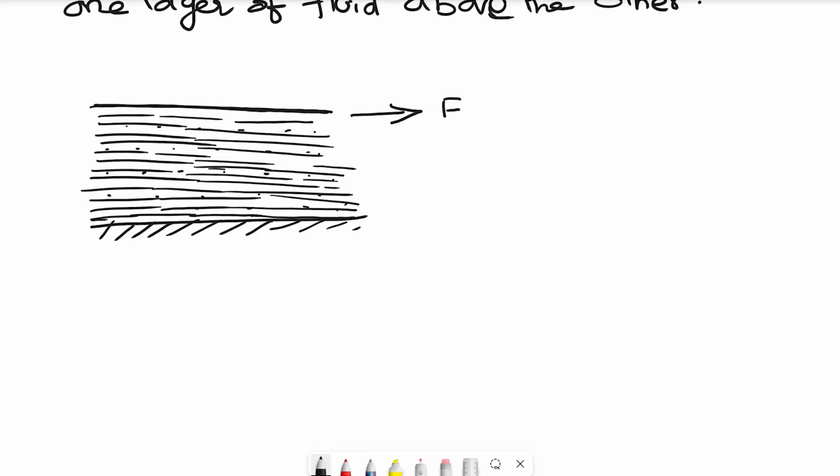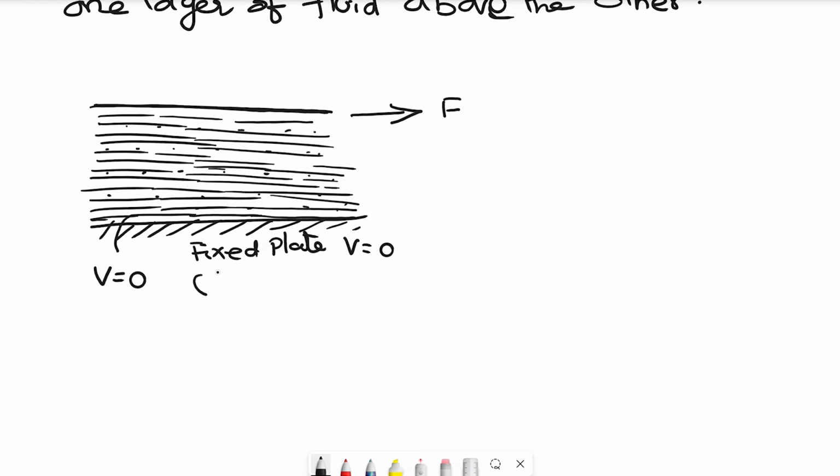As this plate is a fixed plate, the particles which are adhering to this plate will have the velocity of this plate. As it is a fixed plate, naturally its velocity is zero. So all the fluid particles adjacent to it will have a fluid velocity of zero.